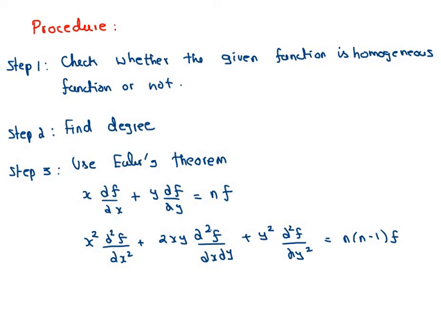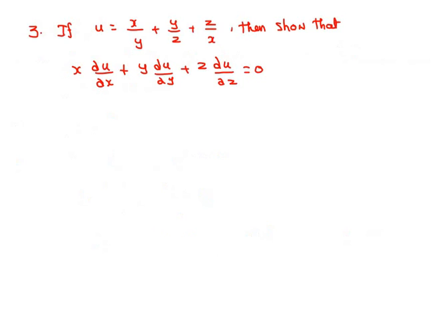Let us start the first problem. If u is equal to x by y plus y by z plus z by x, then show that x dou u by dou x plus y dou u by dou y plus z dou u by dou z is equal to 0. So first step, step 1, check whether the given function is homogeneous function or not.